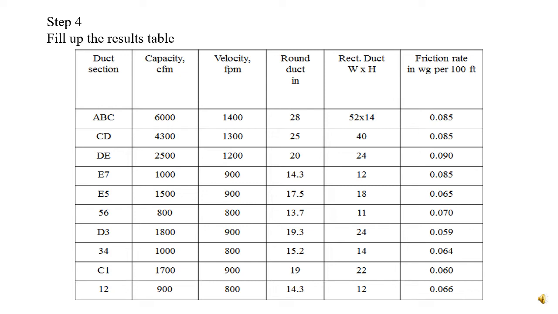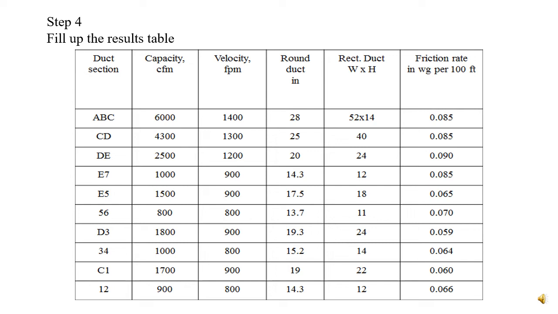This one normally is already given, and the third column is the velocity that you choose. Again, I want to remind you that in this column you need to check the allowable maximum velocity range for the respective buildings, for the type of the buildings.